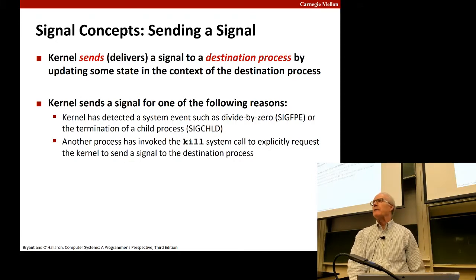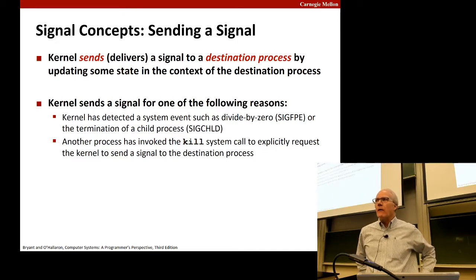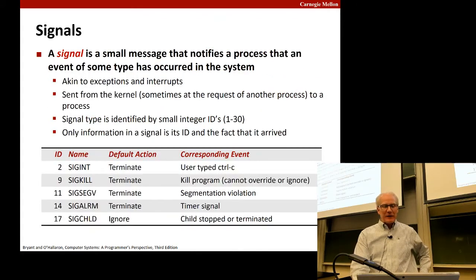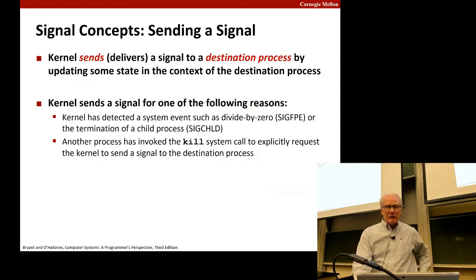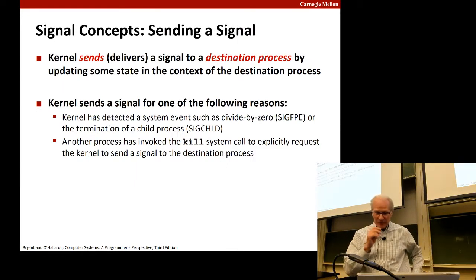One is if there's some system event, or one process has asked the operating system to deliver a signal. And there's this very misleading function and command called kill, which normally, if you say kill, means send a SIGINT, but you can actually use kill to send any signal type to any process.